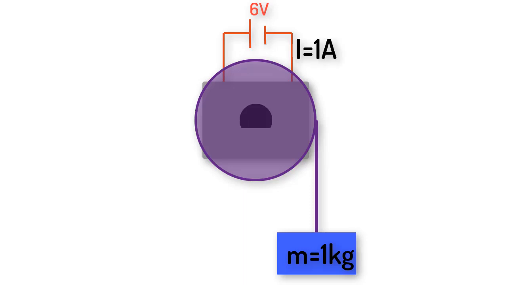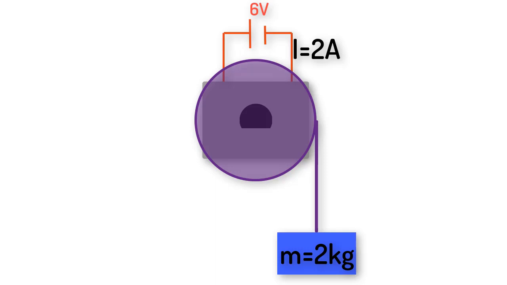The motor will pull a certain amount of amps of current from the power supply. If I now place a 2 kilogram mass here, twice as much torque will be required to lift the mass. So the motor will now try to pull twice as much current because current and torque are linearly related.